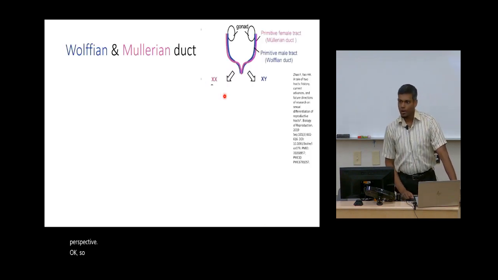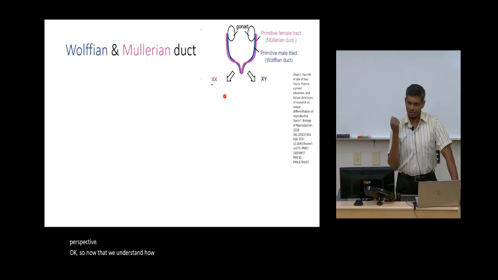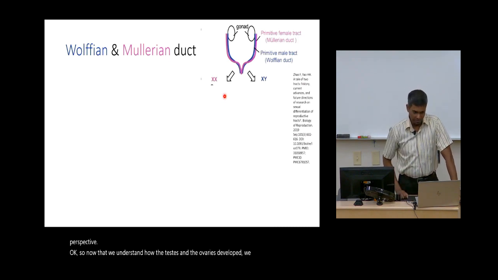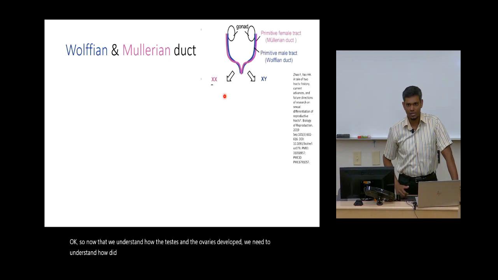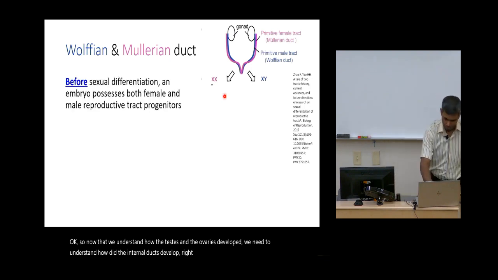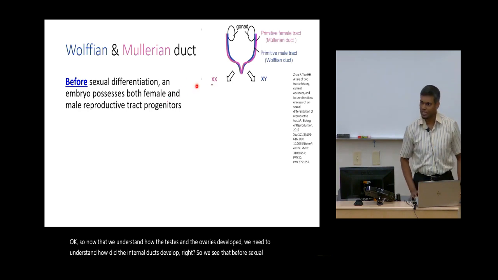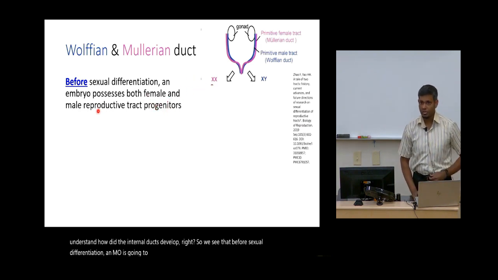Okay, so now that we understand how the testes and the ovaries develop, we need to understand how the internal ducts develop, right? Before sexual differentiation, an embryo is going to possess both male and female reproductive tract progenitors.